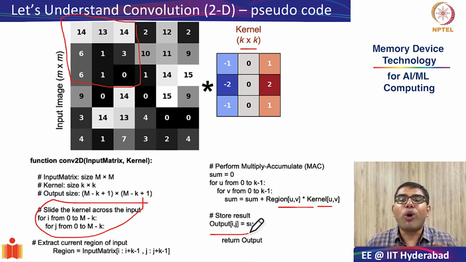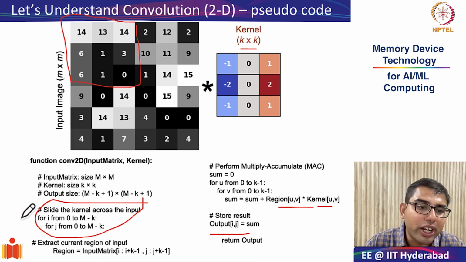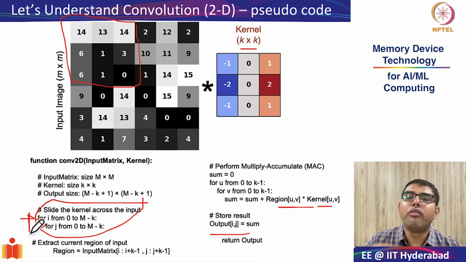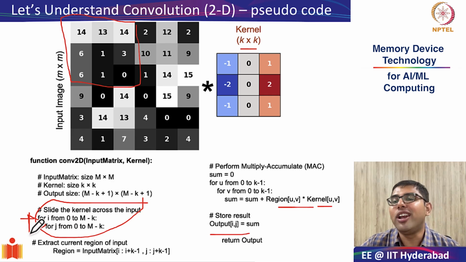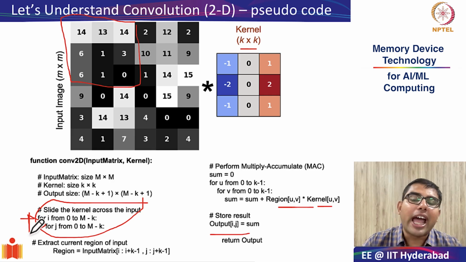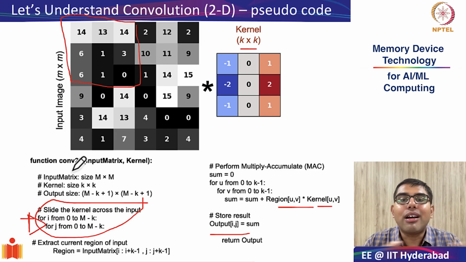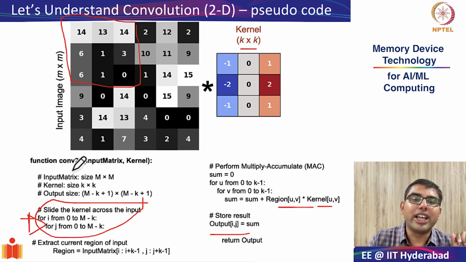Then we go back to this particular step of slide because it is a for loop, and then we move the kernel one step, repeat the process and fill in the next output cell. And by the end of doing this operation, the entire output matrix is built.